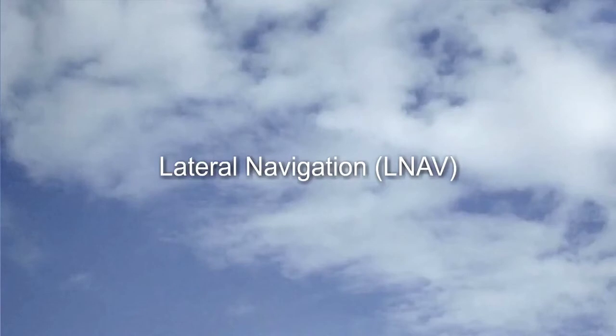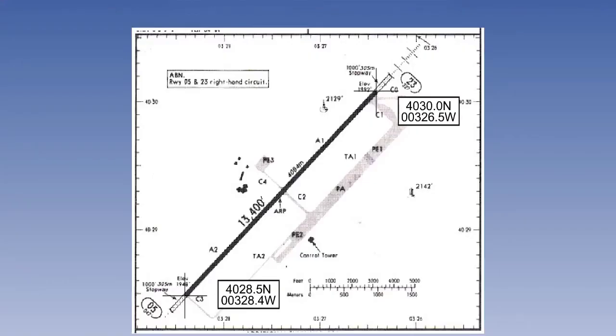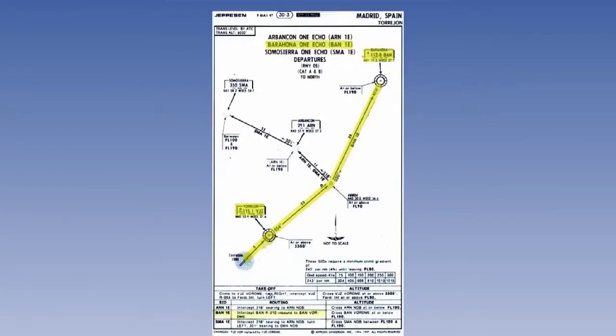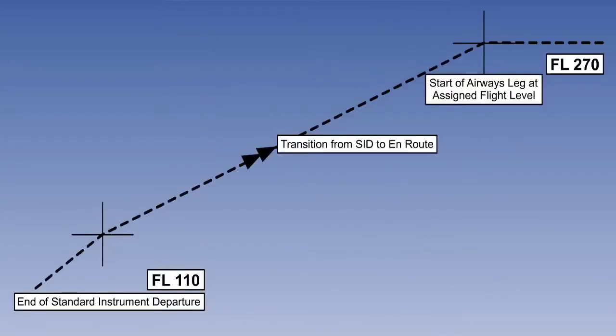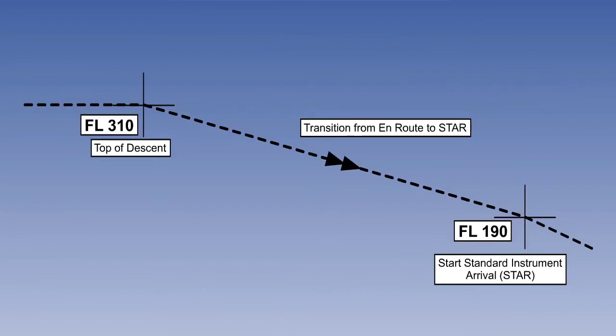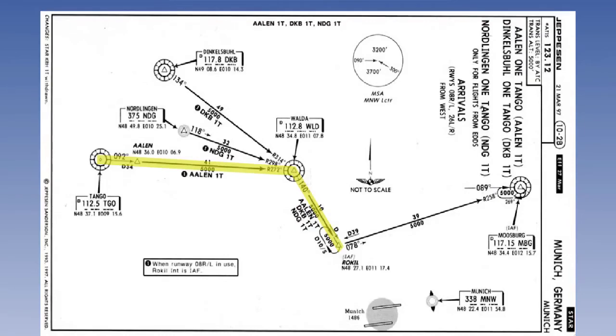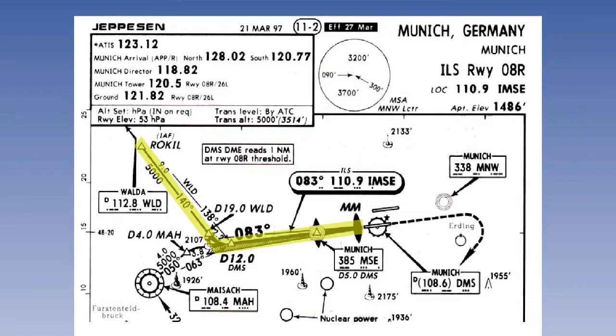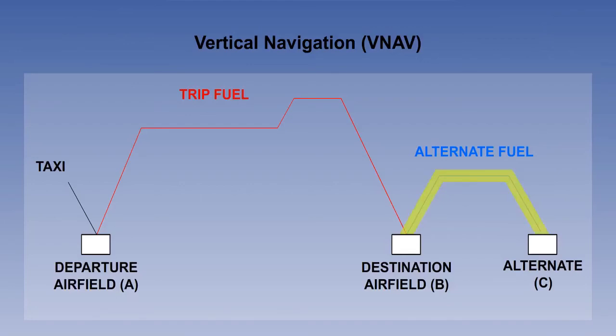The greater computer power available in more modern systems allows a lateral flight plan to include the following: the takeoff runway, including an update of present position on takeoff, the standard instrument departure, or SID, the transition from the end of the SID to the en route flight level, waypoint steering en route, the transition from the top of descent to commencing the standard instrument arrival, the standard instrument arrival, or STAR, the selected instrument approach to the landing runway, a missed approach and go-around, if required, and a flight plan to an alternate airport.